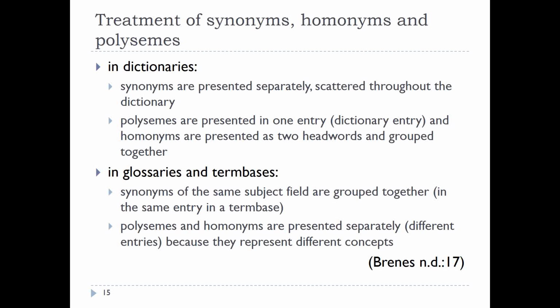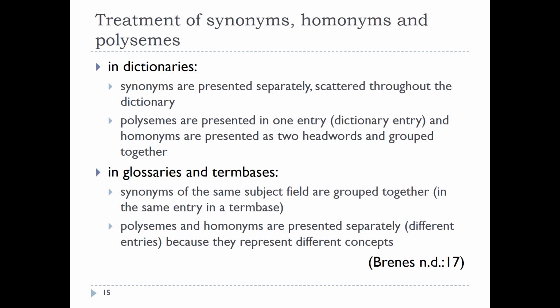Polysemes will be listed within a single entry because these are different meanings of the same word. So with the example of serve, meaning to work for somebody or to present somebody with food, those are gathered together under the single entry. Homonyms, which are two or more different words looking the same, will be presented as two separate head words.